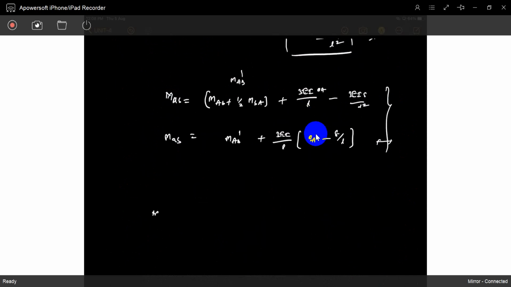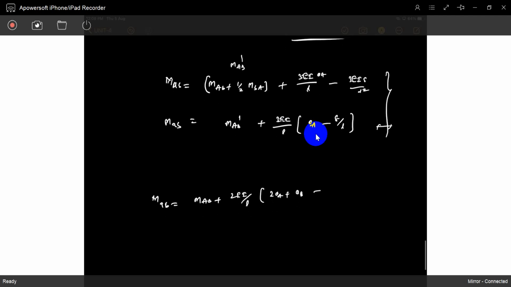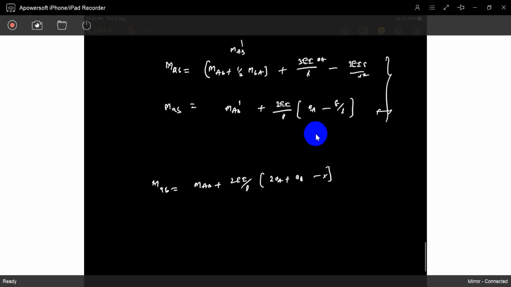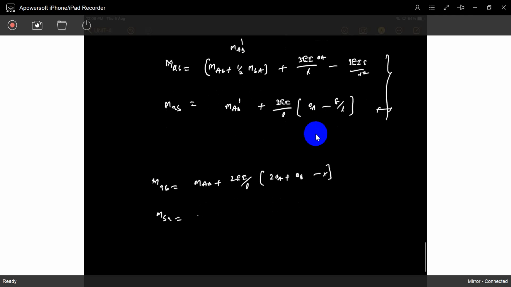First, MAB is MAB plus 2EI by L times 2 theta A plus theta B, so no need of those things. MBA is MBA plus 2EI by L times theta A plus 2 theta B minus 3 delta by L, which is not required.